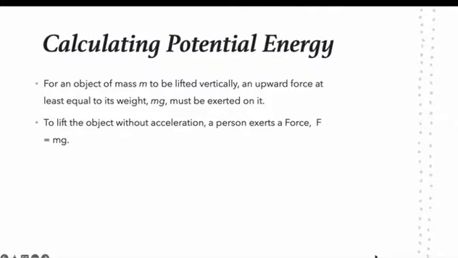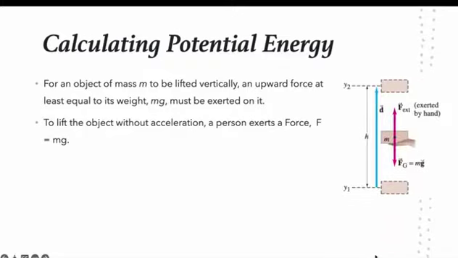And if I want to lift the object without accelerating, then I need a force F exactly equal to the weight. My hand is applying a force equal to the weight of this object, and I am moving this object from a position y1 to a position y2.